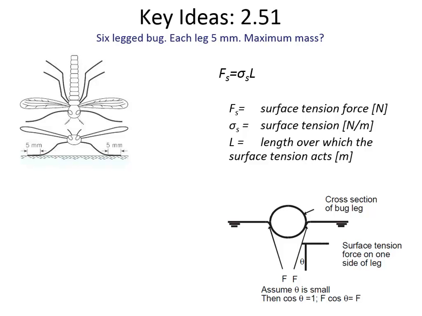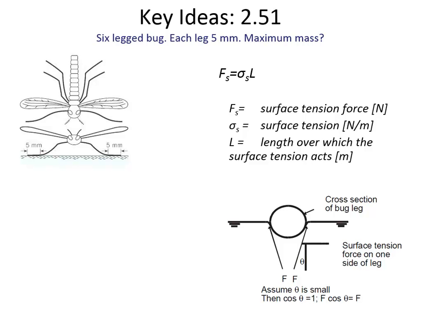This should be very similar to what you did, or you're doing, for the calculations on the lab, because you've got total length. You can look up the surface tension for the liquid that's specified, and then find out the force. What's the relationship between force and mass, by the way?